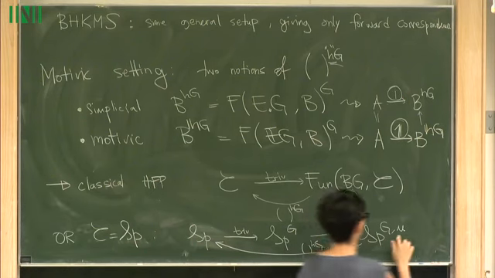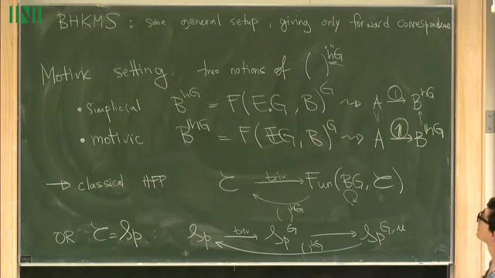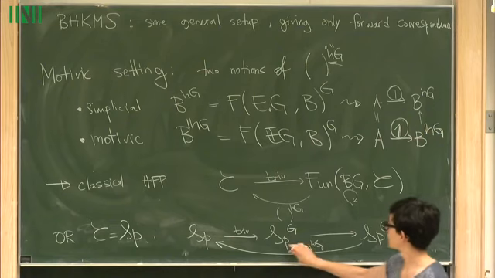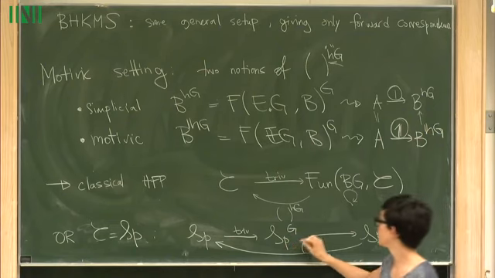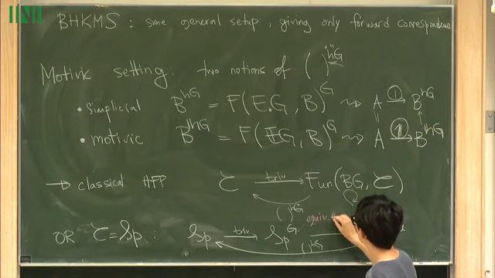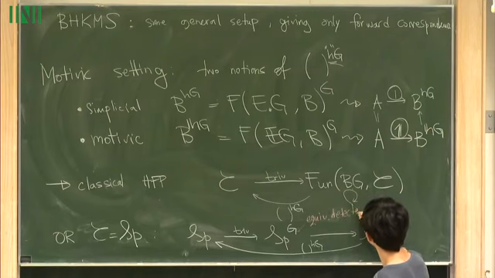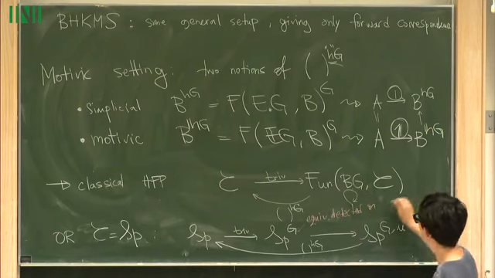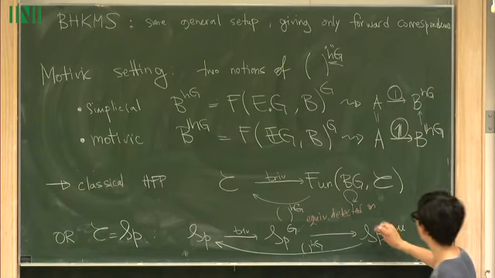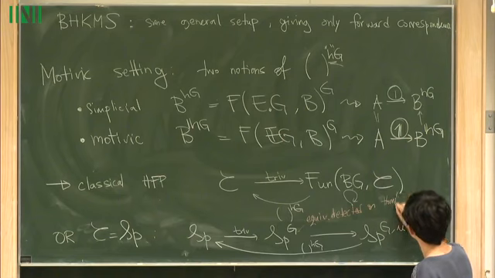And what does underlying fixed points mean? Well, equivalences here are detected on fixed points for all the subgroups of G. So what are fixed points? Well, they're maps from G mod H for H varying.